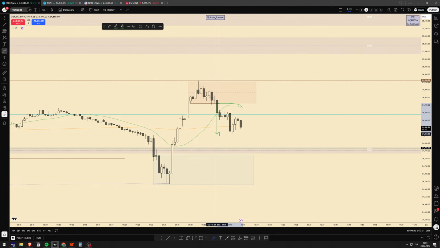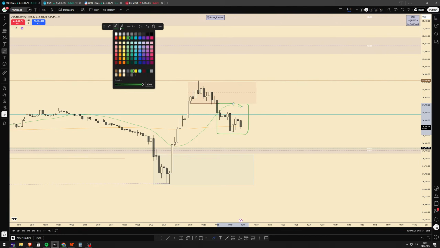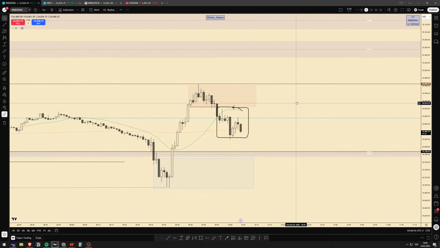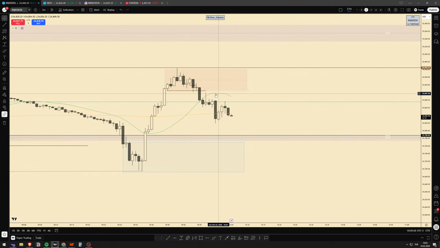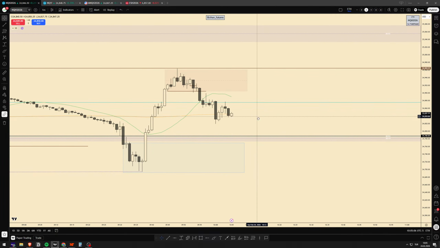This is the area that I want to skip most. This exact area, because it is right in between these two moving averages, the 20 simple moving average and the 200 simple moving average.